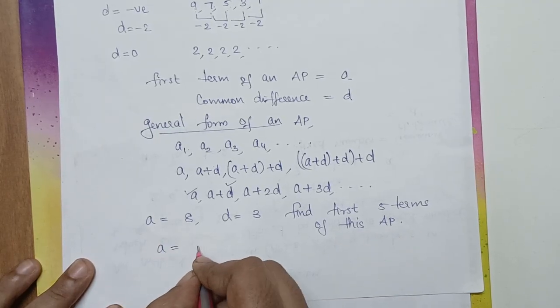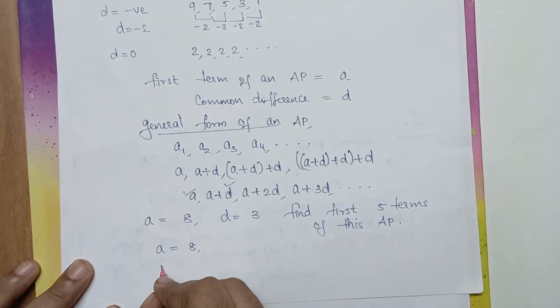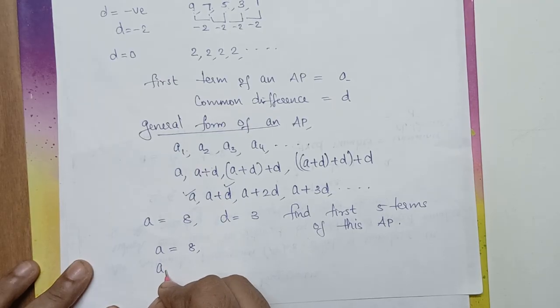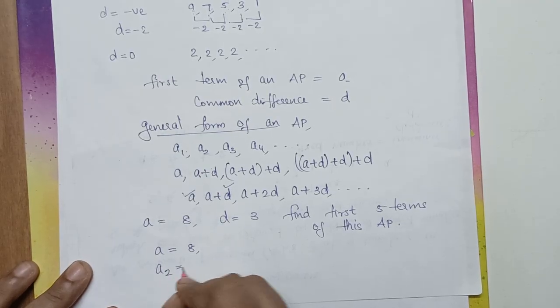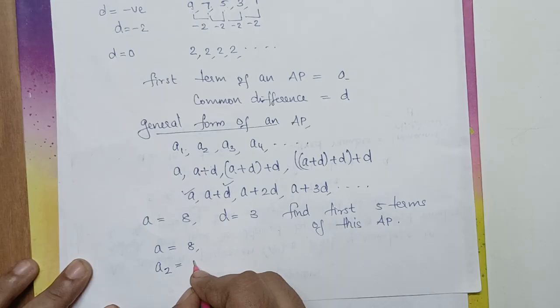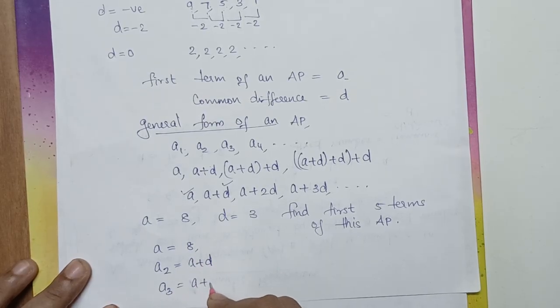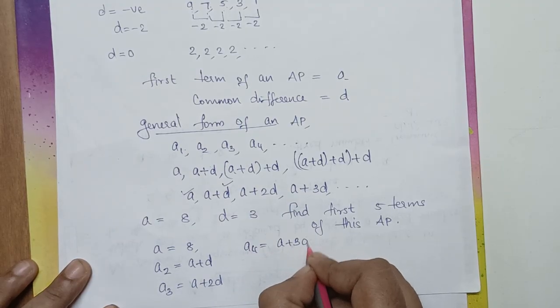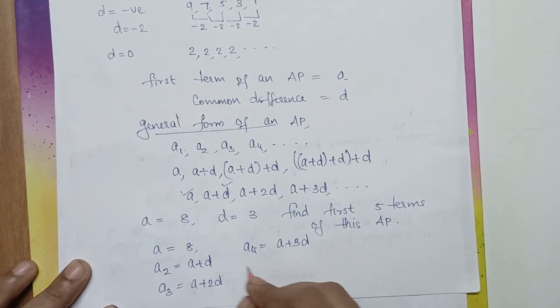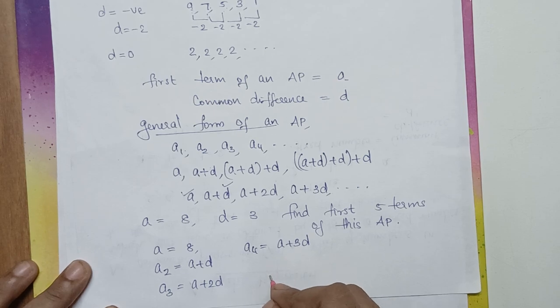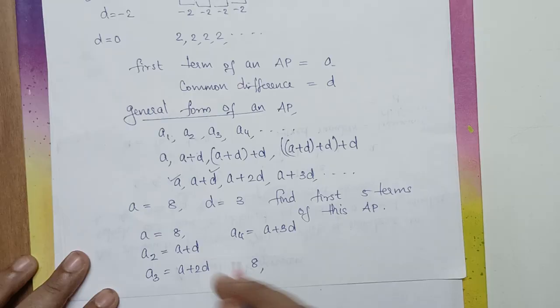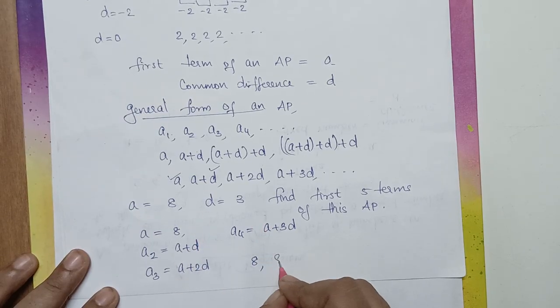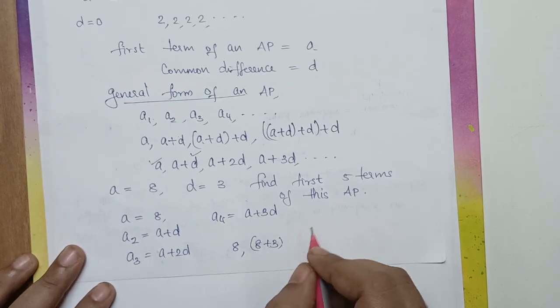Okay, so how can we find out the first 5 terms? We have A is equal to 8. What will be the next term? A2 is equal to A plus D. Then A3 is equal to A plus 2D. Then A4 is equal to A plus 3D. So A is equal to 8. Then A plus D is 8 plus 3.